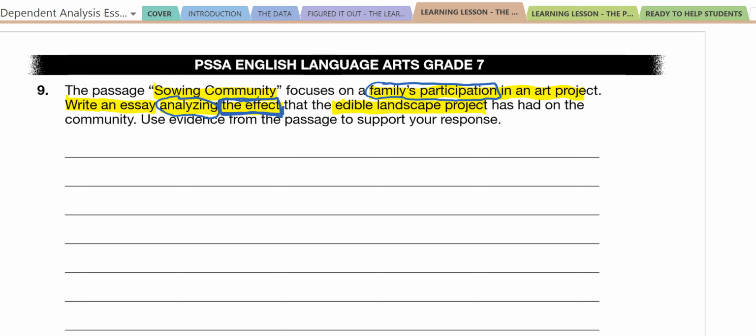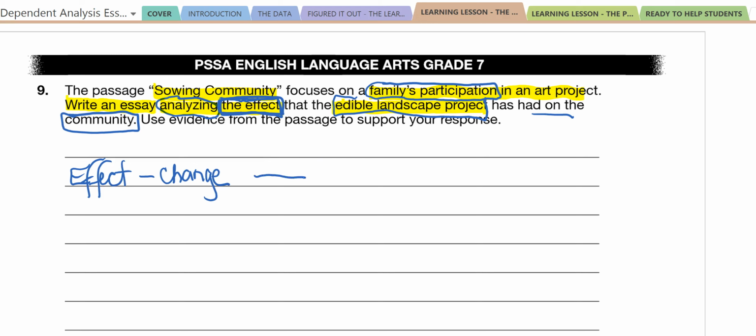Okay, so we want to be thinking about that, the effect, the impact, the change that the edible landscape project has had on the community. So when we're talking about an effect, we're talking about some kind of a change.